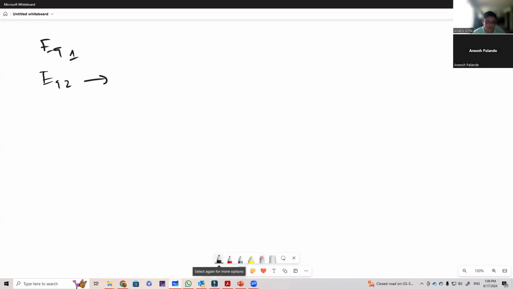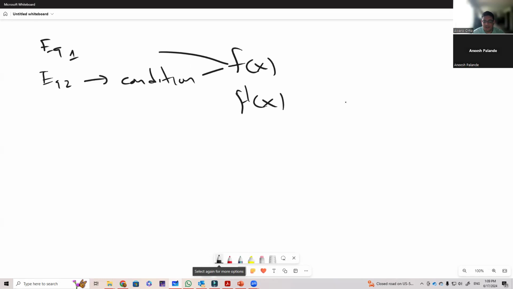This is a restriction, or let's say a condition. Once you plug these together, you get a function in terms of a single variable. And that's where you optimize: getting the critical point and then plugging it in.